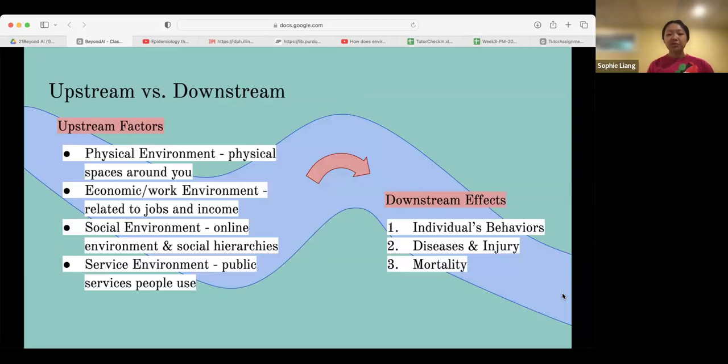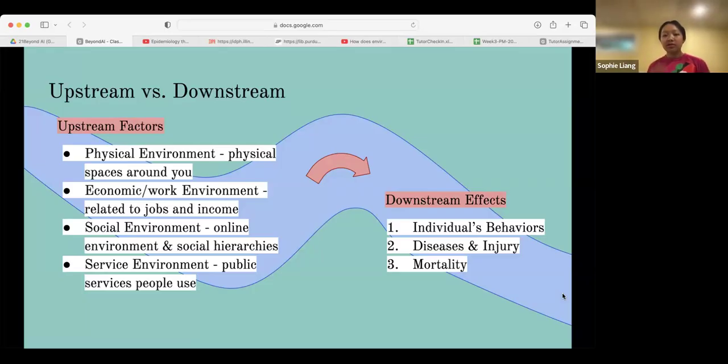Yeah, and here's the upstream versus downstream drawing, because it might be easier to understand. So upstream factors are the physical environment, the physical space around you, the economy and work environment related to jobs, the social environment, which is online environment and social hierarchies, and then service environment, which is the services that people use.